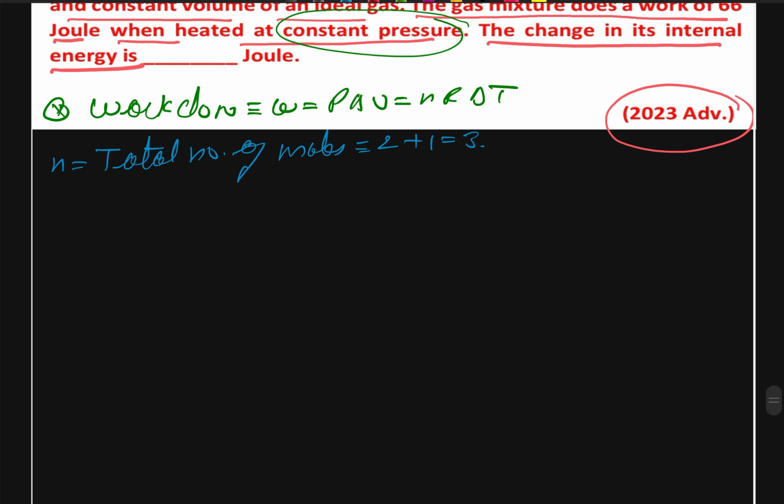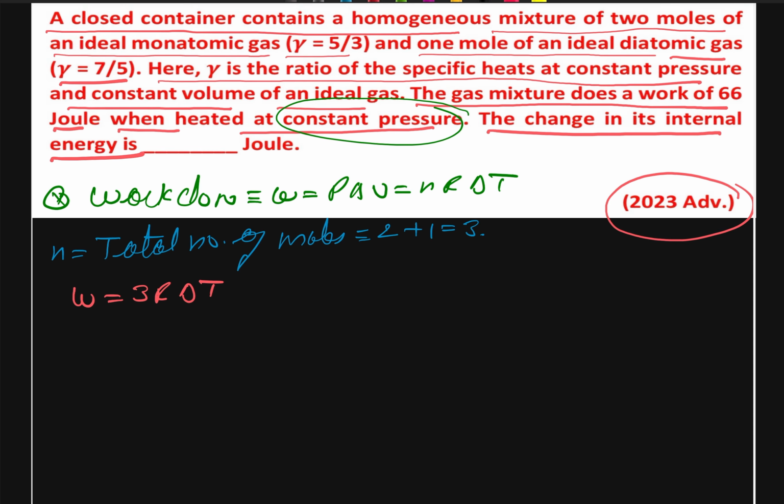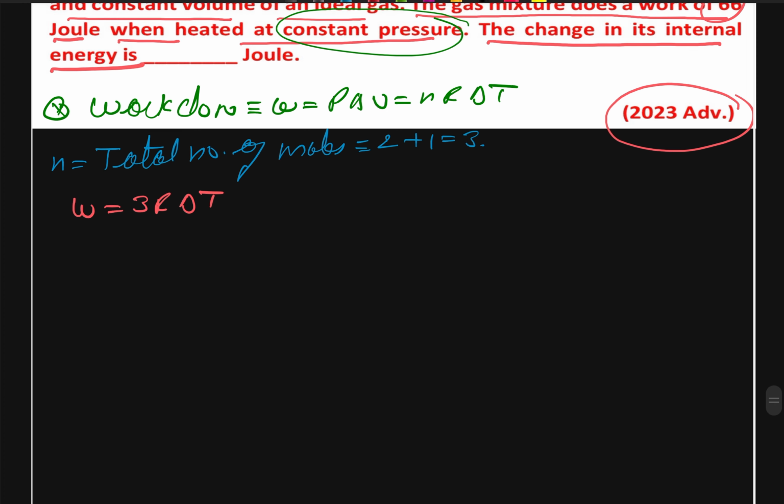Therefore, we have that our work done is equal to 3R times delta T, and the mixture is said to do 66 of work. Therefore we can say that our 66 is equal to 3R delta T, which gives us, this 66 goes by 22, and we get delta T is equal to 22 upon R.